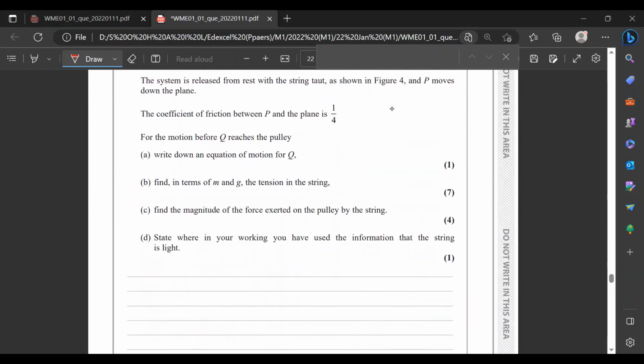So for part a, the answer is simple for 1 mark. By Newton's second law, F equals ma leftwards. So T is equal to m a. This is the first part answer.